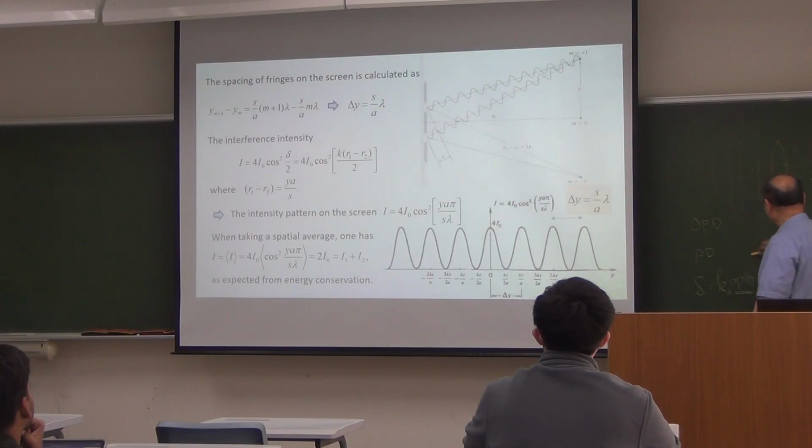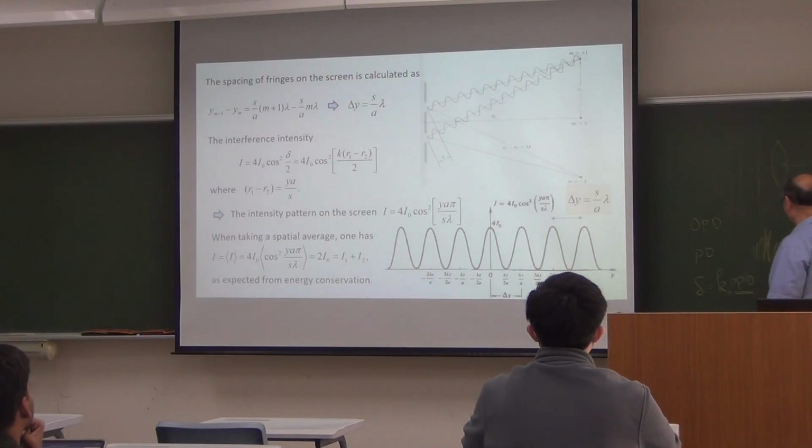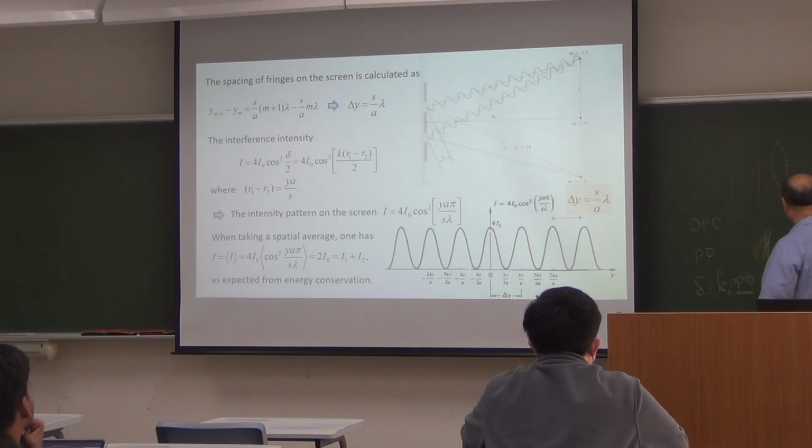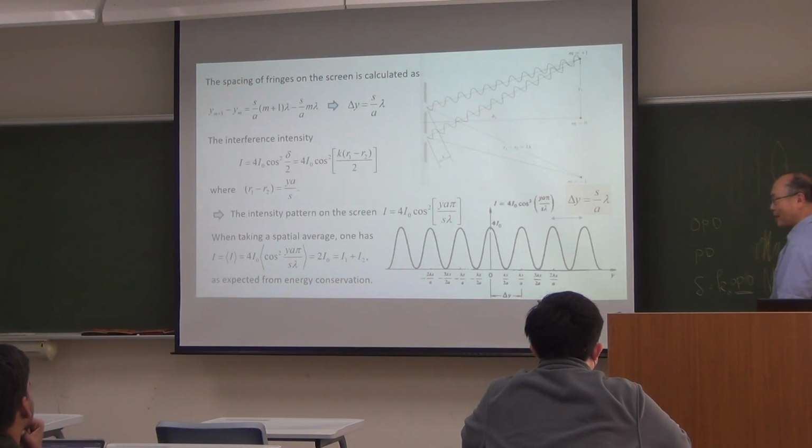So, for example, if I have a random wave mixed with a lot of frequencies, and you try to overlap them, would you be able to have interference fringes? No, not possible. You don't have the stationary constructive or destructive interference.